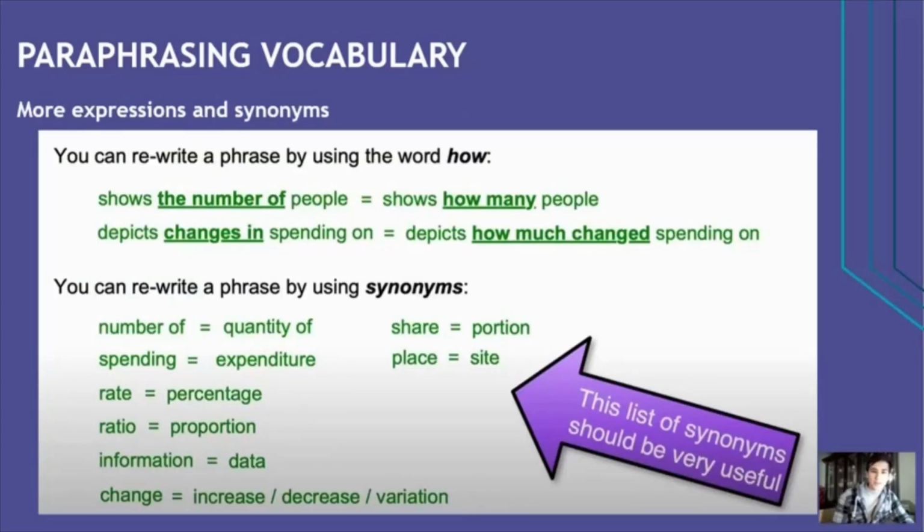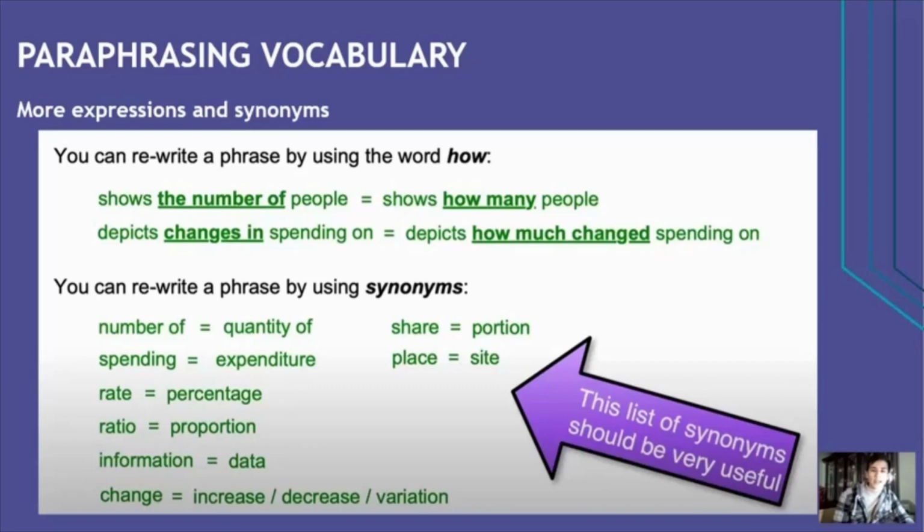Here are the synonyms. We can actually rewrite a phrase by using the word how. The line graph shows the number of people. We can say the line graph shows how many people. Or we can say the line graph depicts changes in spending on. We can say the line graph depicts how much spending changed. As you can see, we can use the number of instead of how many or vice versa.